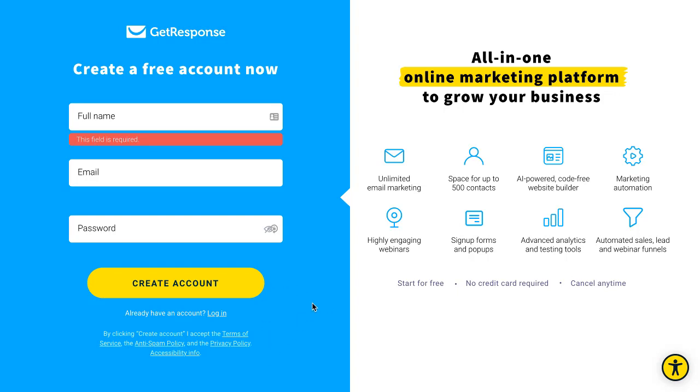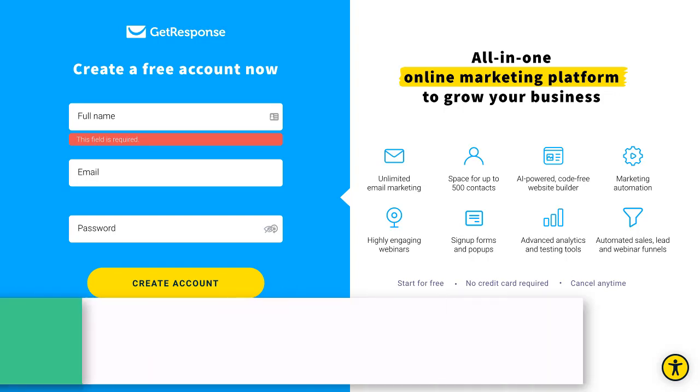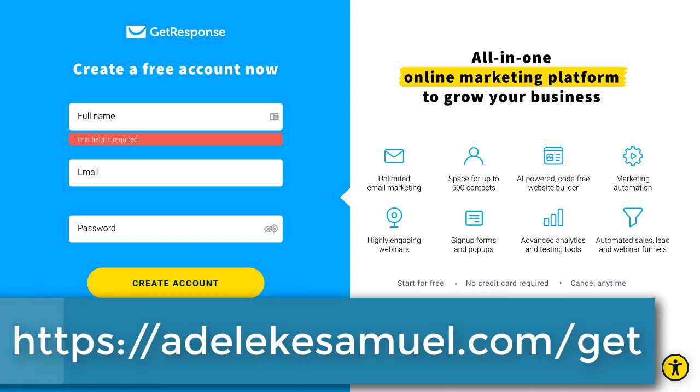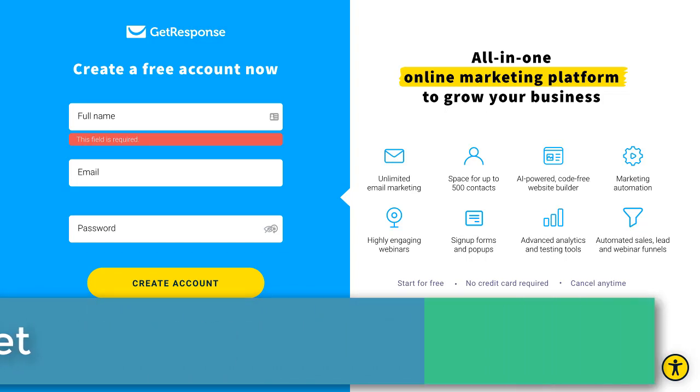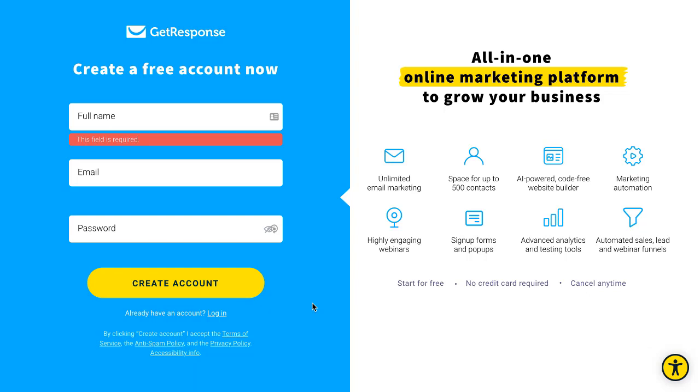So all you need to do is go to adeleke.com/get. So Getresponse now gives a free account that you can use. And here is the thing, before it was 1,000 subscribers, but right now you have access to build up to 500 subscribers before they start asking you to pay.